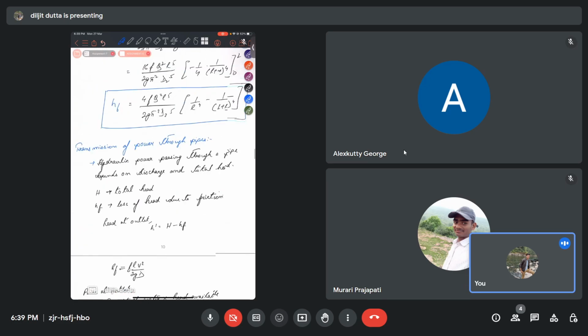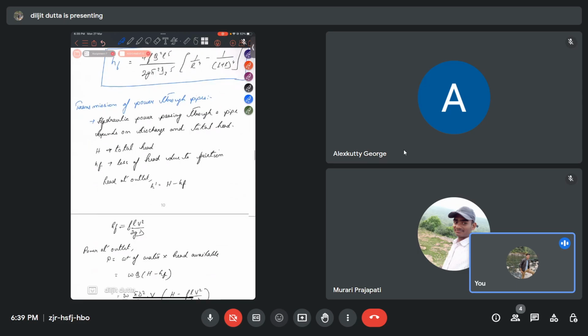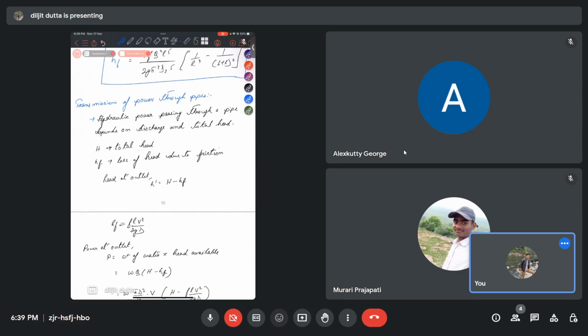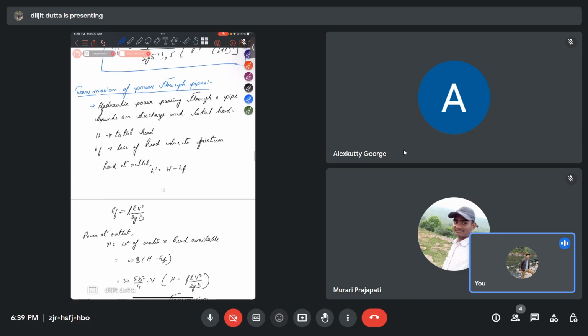So the last concept before we start solving some problems is the transmission of power through pipes. So how do we transmit power? When we are transmitting power through a pipe, it will depend on the total discharge and the total head. If we take H as the total head and small hf is the loss of head due to friction, then the head at the outlet will be given as H dash equal to H minus hf.